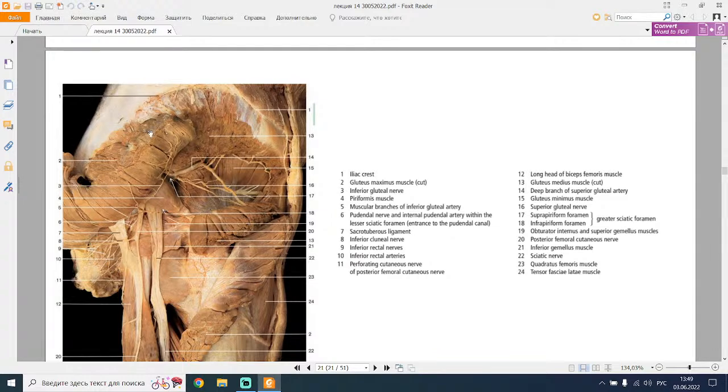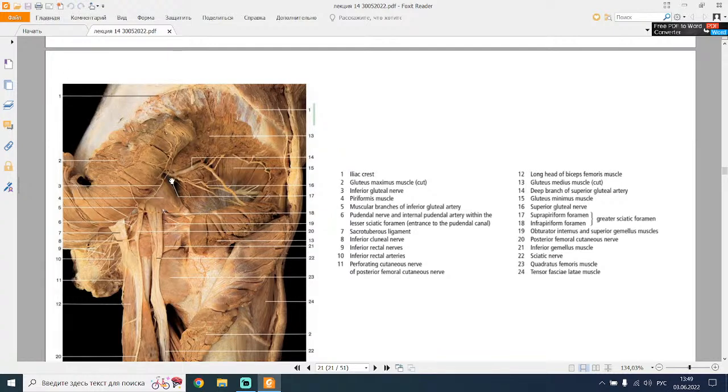This is musculus gluteus maximus. This is arteria glutealis for the musculus gluteus minimus and the musculus gluteus medius.